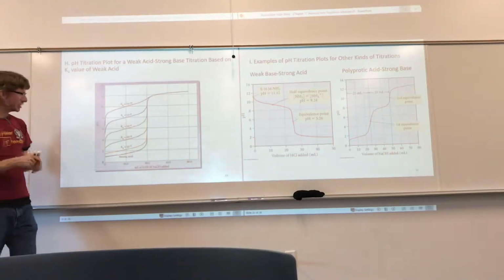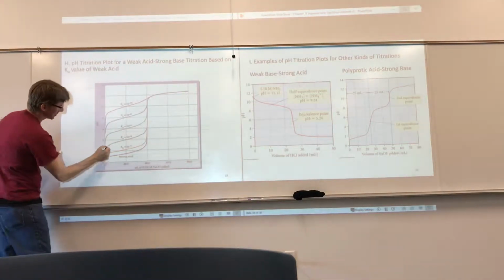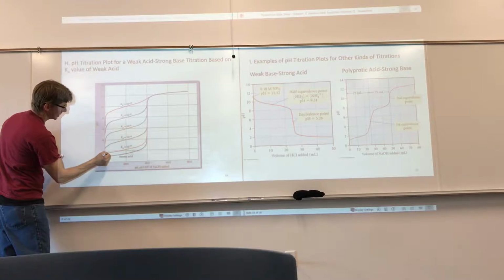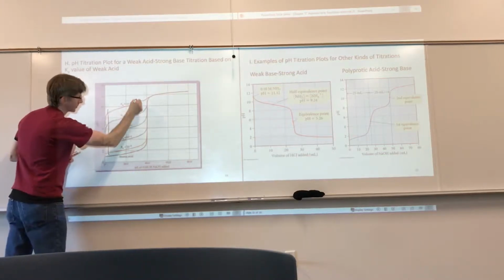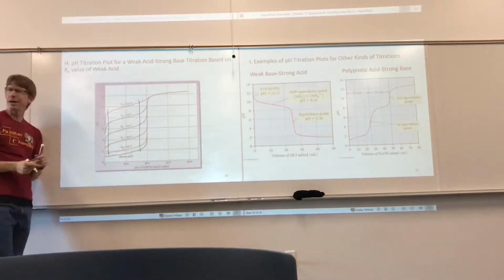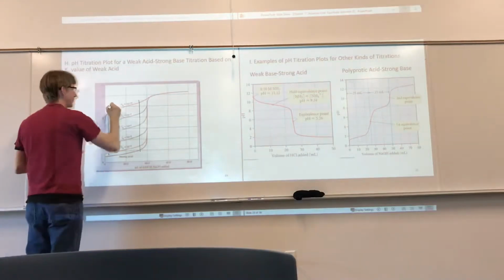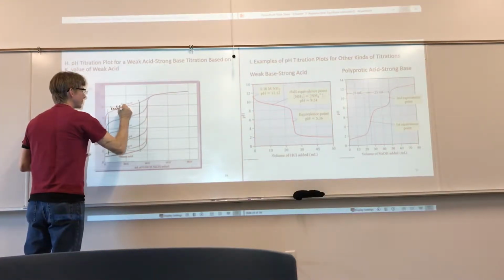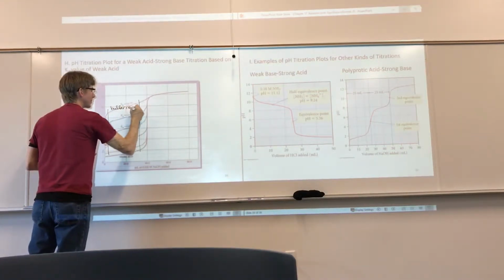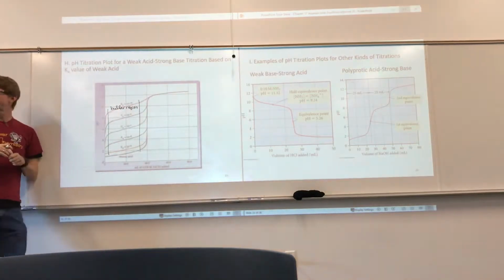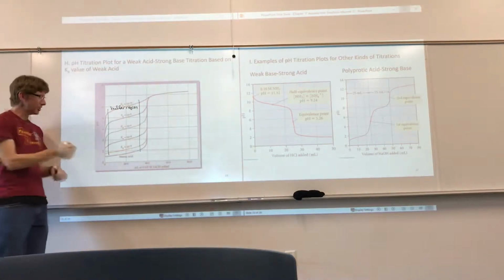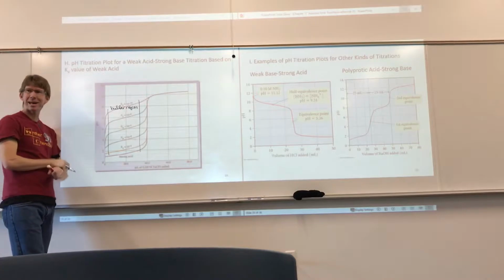What we said was that this region, more or less, right there, is what's called the buffer region. But you can see that the buffer region shifts in pH values depending upon the value of Ka.